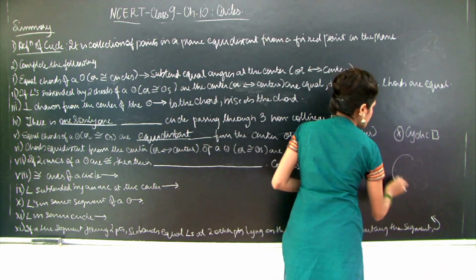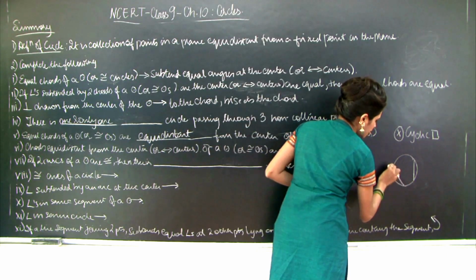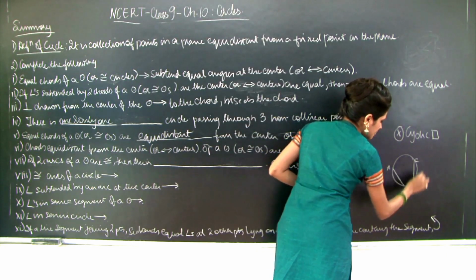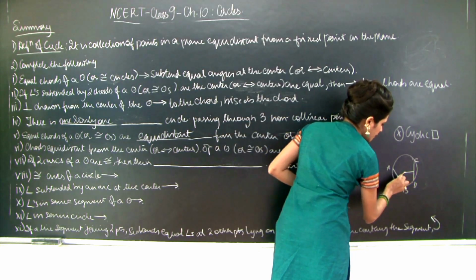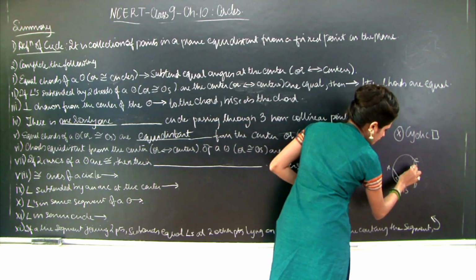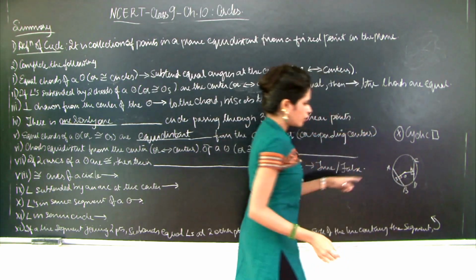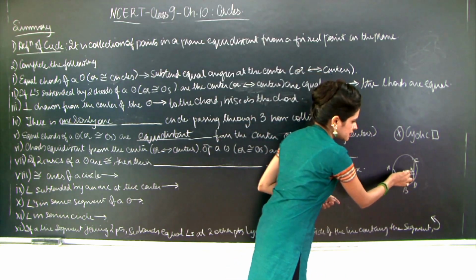So if you have a circle and you have two chords AB and CD that are equal to each other, then what can you say about the perpendiculars OM and ON? See, AB is equal to CD, therefore OM is equal to ON.